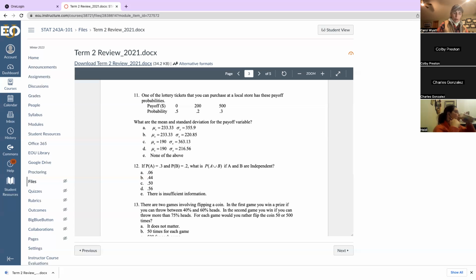And in list 2, I'm going to put 0.5, enter, 0.2, enter, and 0.3. And now I'm going to hit stat, go over to calc, and choose number 1, one-variable statistics.